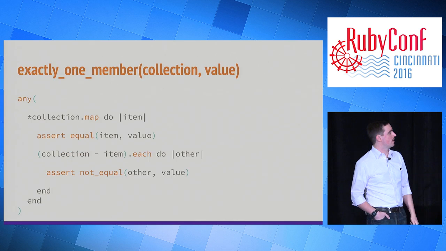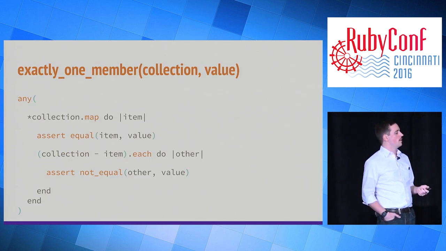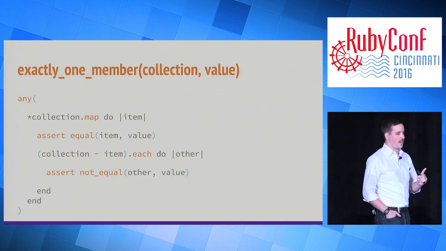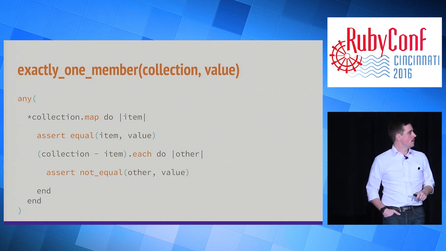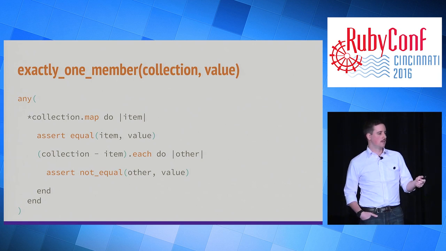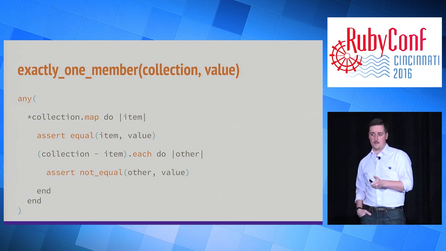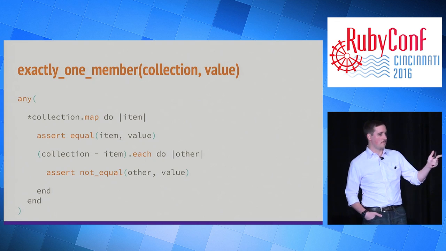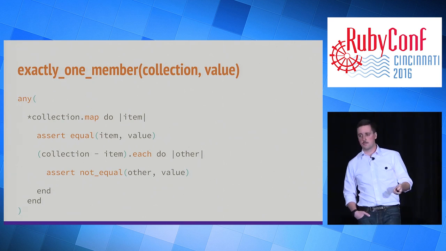This next one's a little more complicated. Exactly one member. If we want the collection to only have one of something in it, we can represent that by saying for any of the members, it can be equal to that, and everything else will not be. So what's going on here with any is it's prepared to accept a list of possibilities.